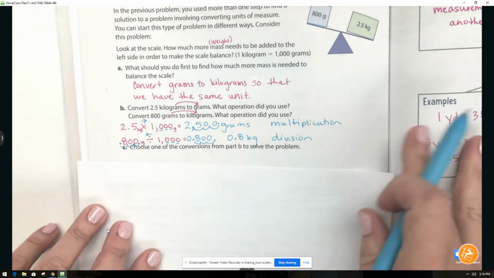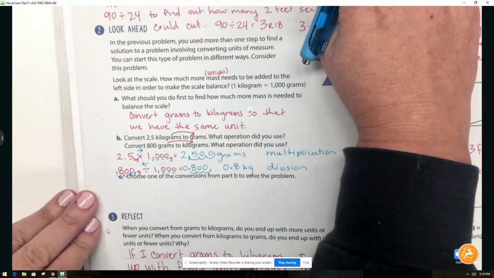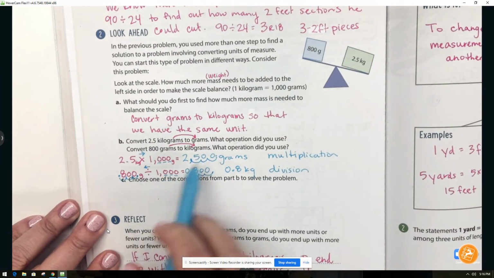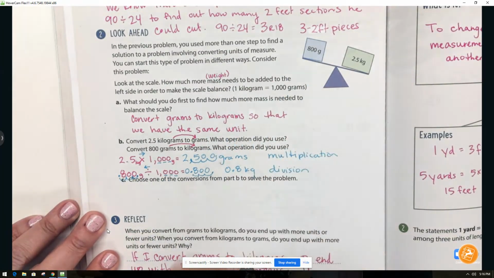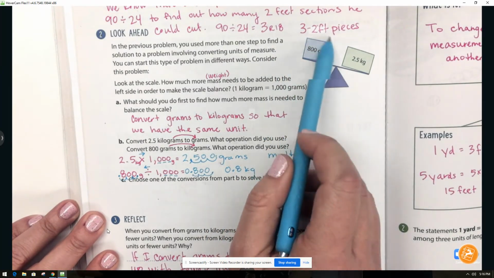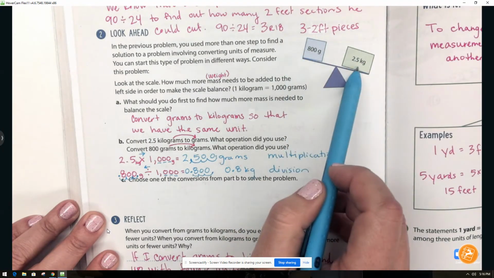Then, once you have that, now we're going to choose one of those conversions from part B to solve the problem. So all we did right now is just convert. But we're not done, because the question really is asking us, how much more weight do I need to add to this side of the scale to make the scale even?